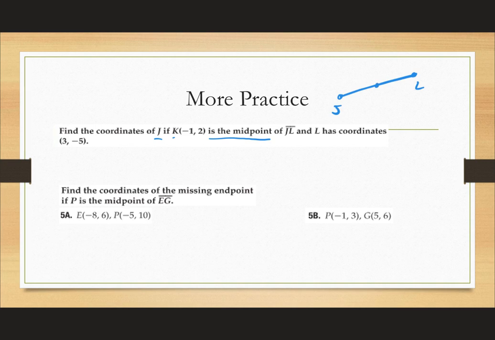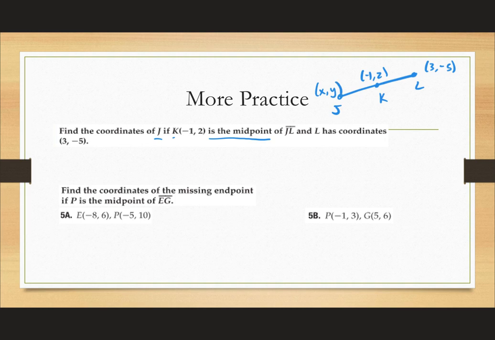All I want is the orientation, because K is the midpoint. K is what we have. We're trying to find what J is. So this is going to be negative 1, comma 2, and this is 3, comma negative 5. We're looking for x, y.